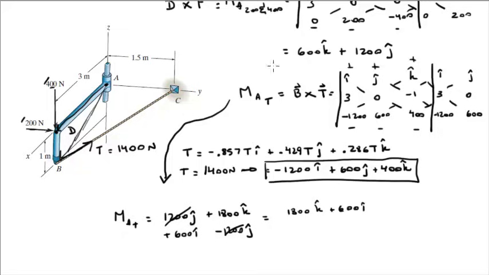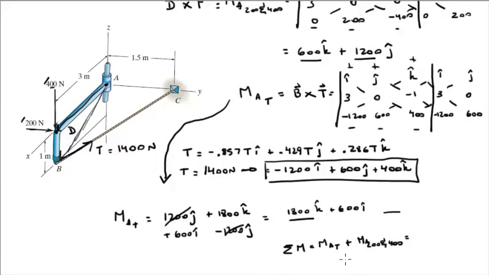And all you got to do is add those two moments together. The sum of the moments is equal to the moment that T creates about A and the moment that the 200 and 400 force create about A. So basically you're adding the k with this k, and the 1200 with nothing because there's no j component, and the 600.